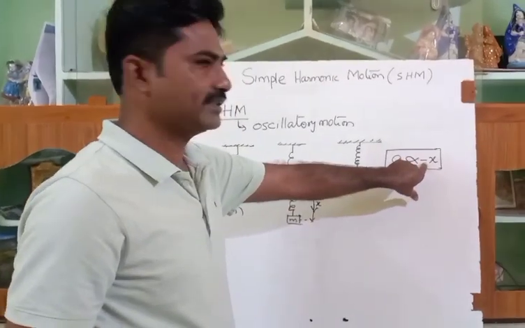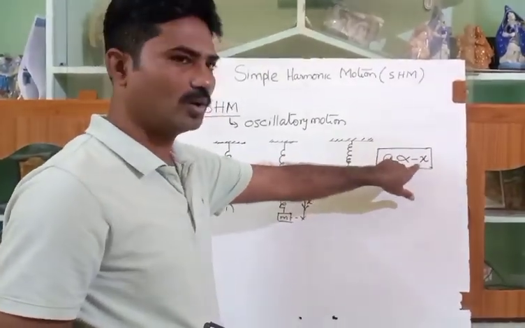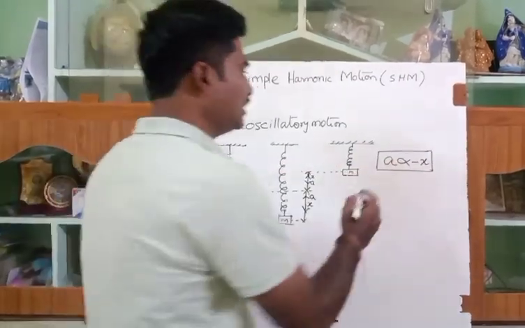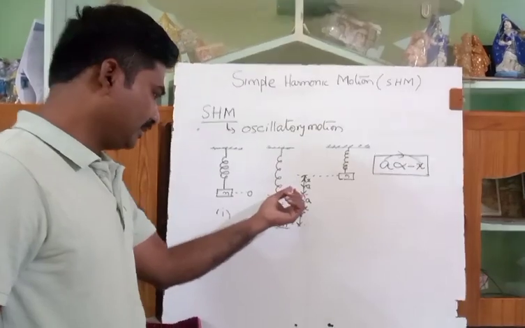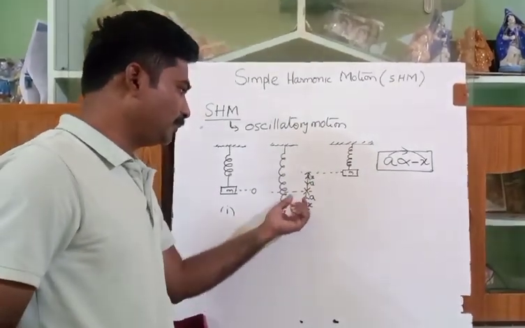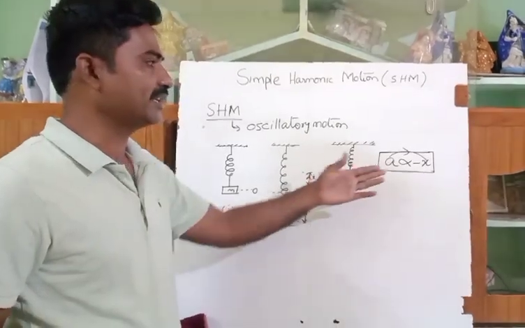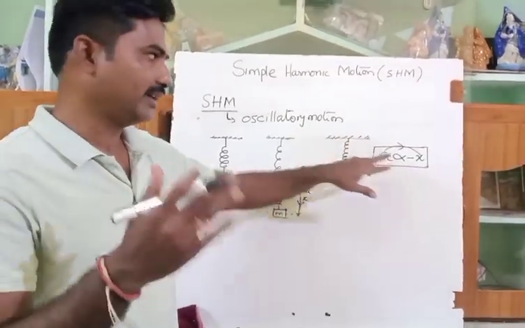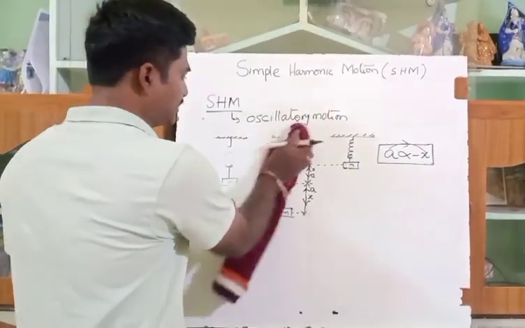That's why the minus sign is written here. Minus represents A and X are opposite to each other, and A is directly proportional to X. That is, when the displacement of the particle X increases from mean position, the acceleration of the particle will also increase. This is the definition of a simple harmonic oscillator.